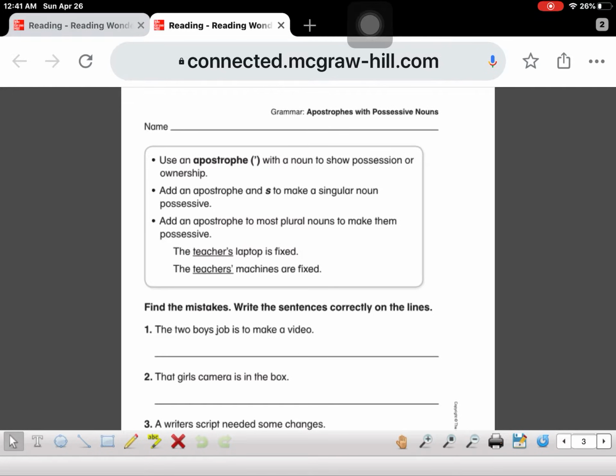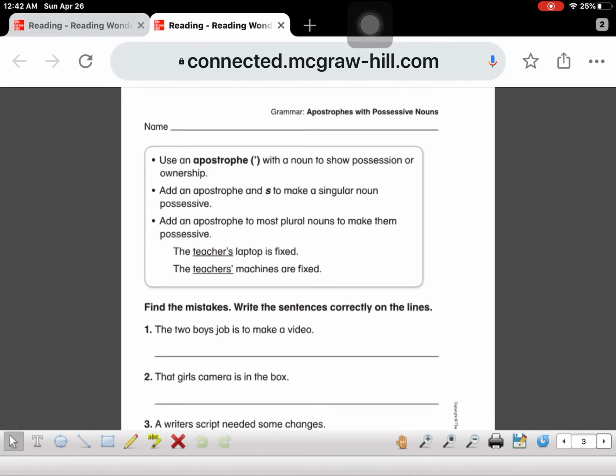Now, that second sentence, the teachers' machines are fixed, that's saying that all these machines belong to the teachers. So it's machines that belong to the teachers, plural. Okay? All right, so this is going to be hard, so let's just try to work at this together.